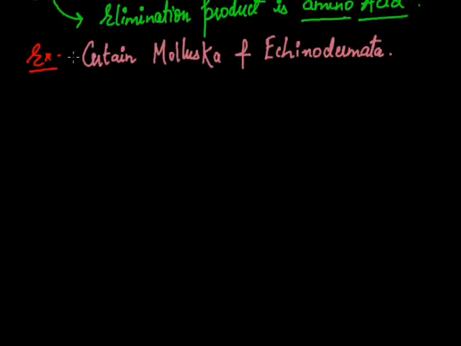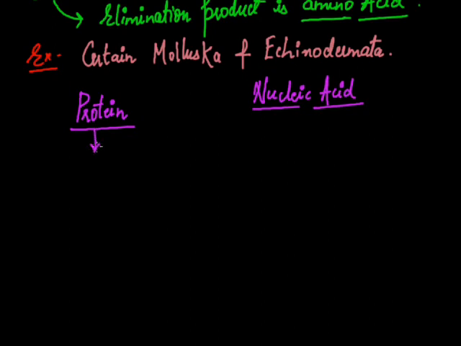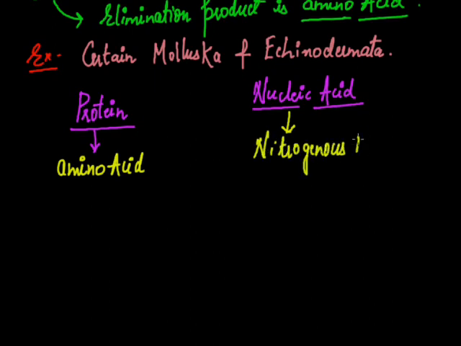A flow chart, I like to discuss the full thing. Here, as we said, there are two nitrogenous products, protein and nucleic acid. When the protein degrades, it will form amino acid, and when the nucleic acid breaks down, it will give nitrogenous base.